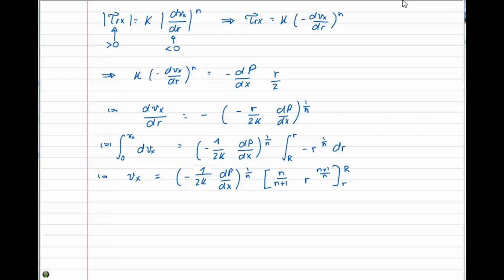And note here that I'm going to take out the minus in front of the r by switching the two borders of the integral. We will now fill in all the border conditions, and this will be our expression for Vx that you were given in the exercise.